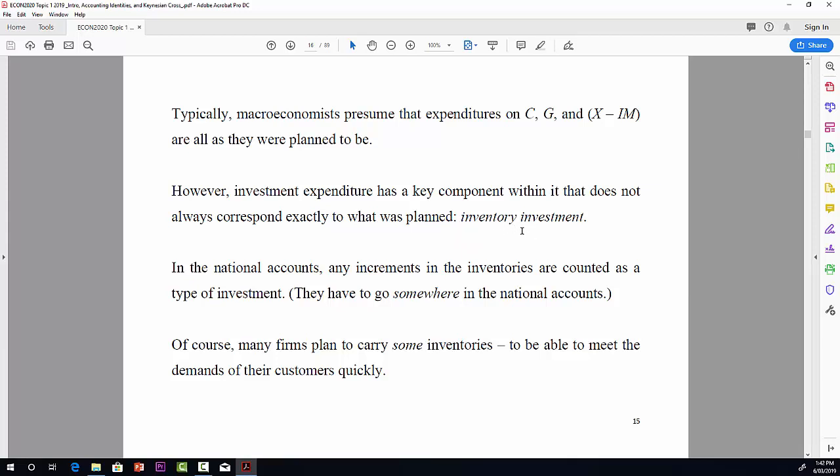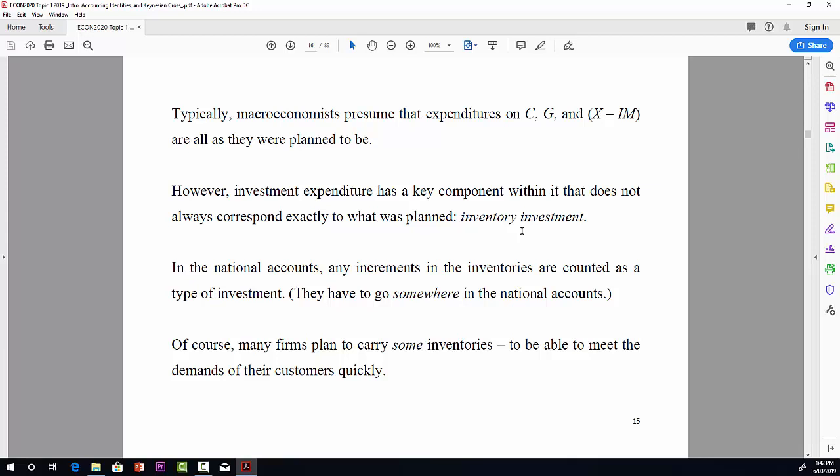So firms have inventories of the goods that they're trying to sell. Now, in national accounts, whenever you have an increase in inventory, it has to be counted as something. It has to go somewhere in the national accounts. And the way it's put in the national accounts is it's considered to be a type of investment.